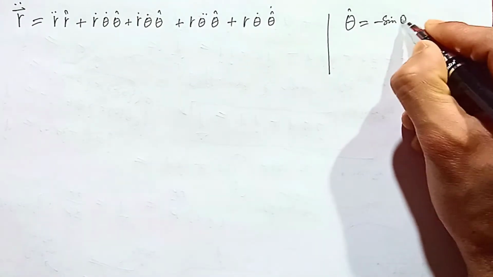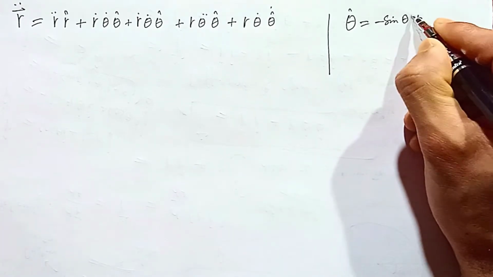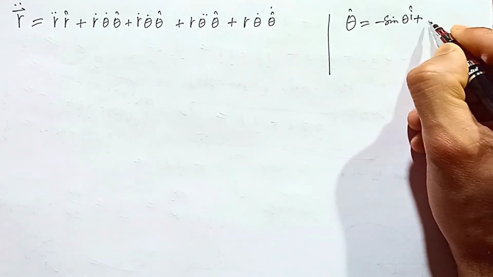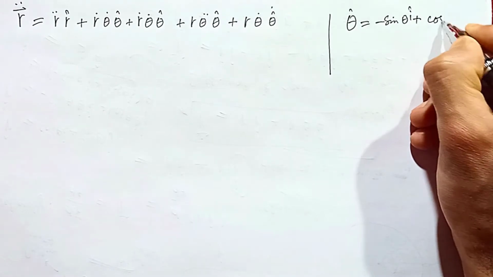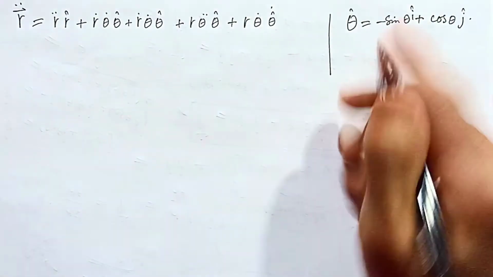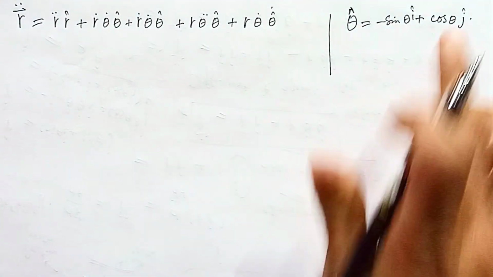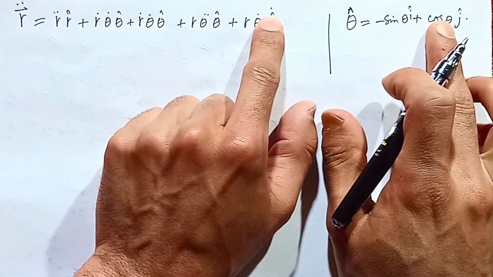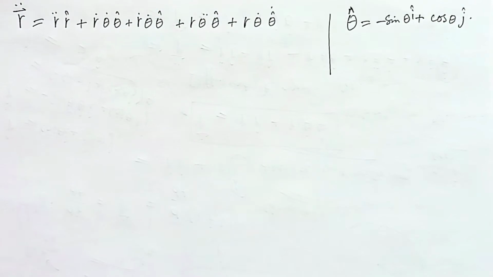So theta hat is sine of theta along the x-axis, plus cosine of theta along the y-axis, j hat. Fine, I have told you earlier that this is equal to this very thing. Now we have to differentiate this with respect to time.